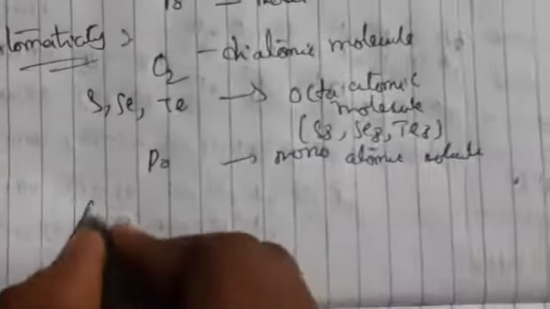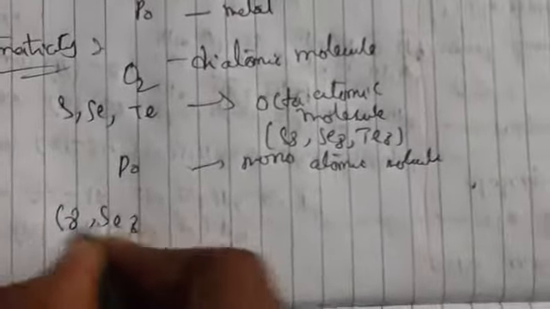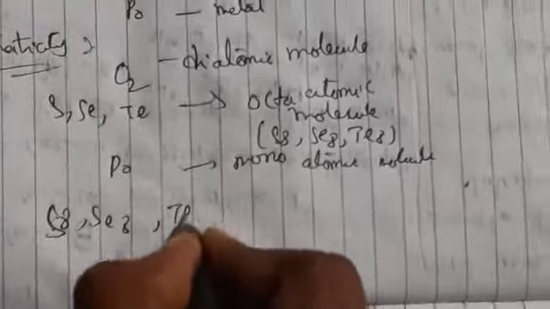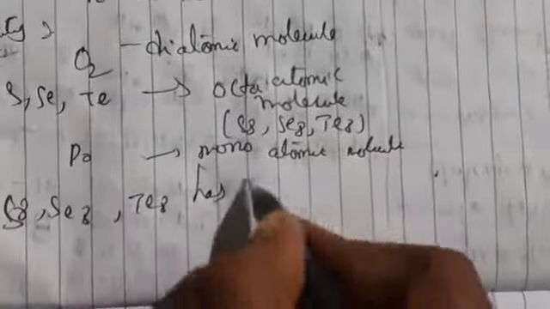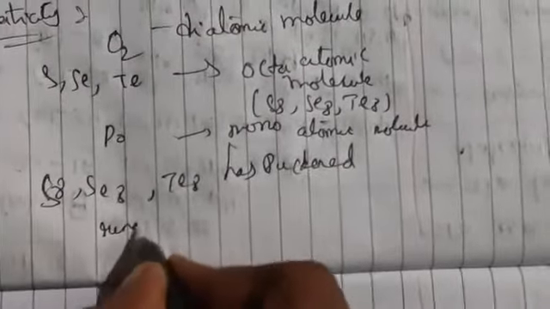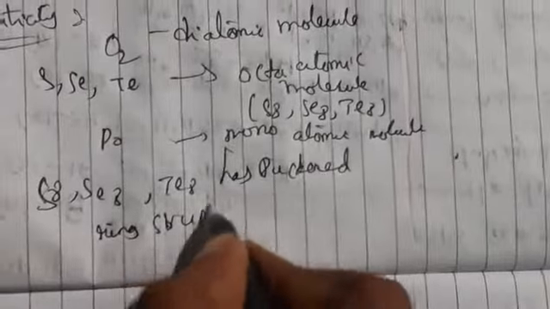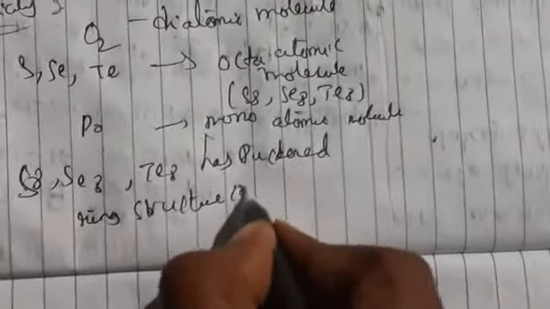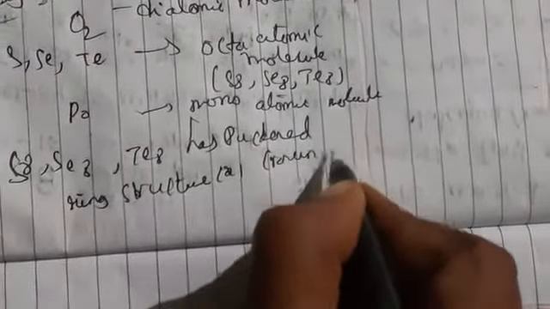And coming to here, S8, Se8, Te8 have puckered ring structures, or we can say crown ring structure we are having.